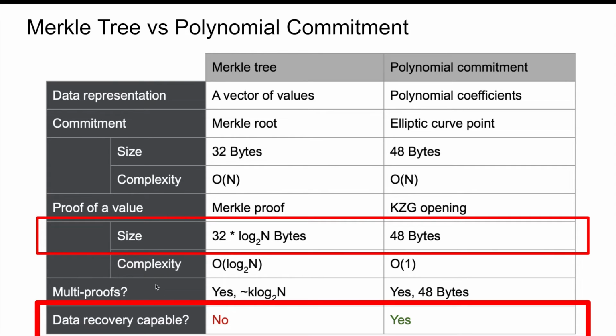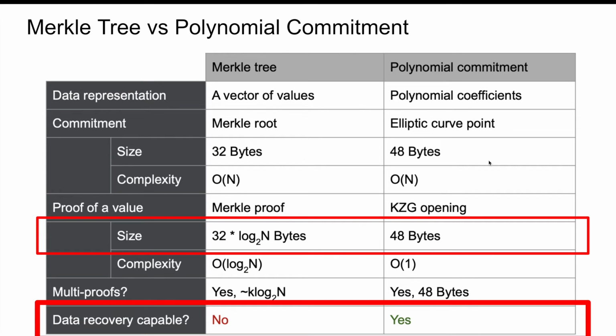But the real difference comes in here. This is: is it data recovery capable? Is a Merkle tree data recovery capable? The answer is no. You will need every single component of the vector of values to construct a Merkle tree and Merkle root or Merkle proofs.